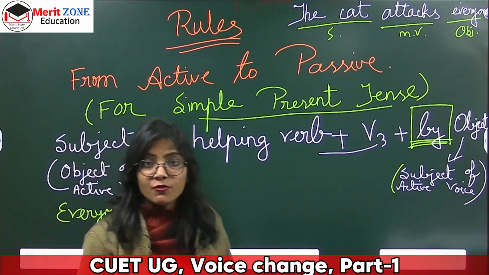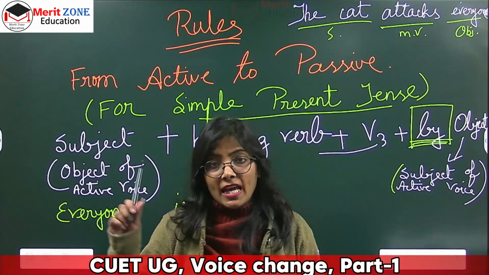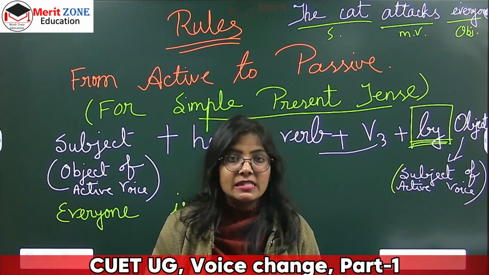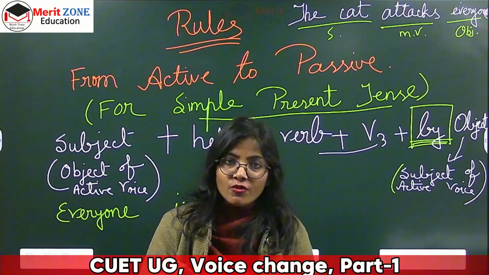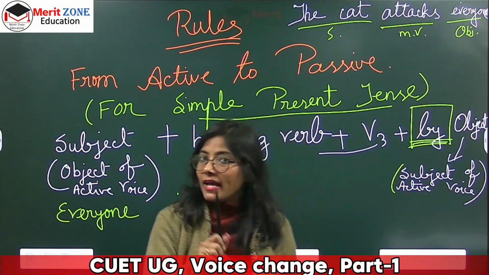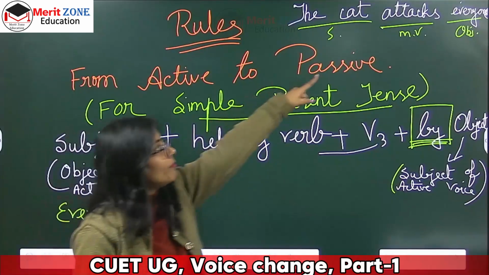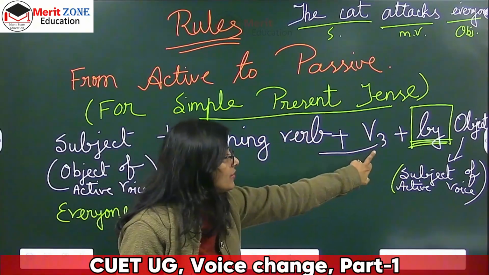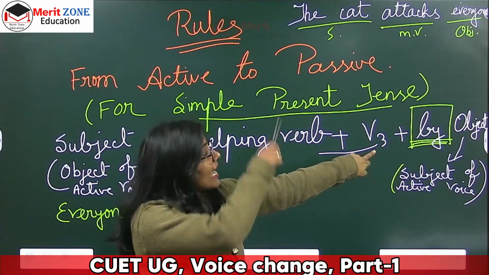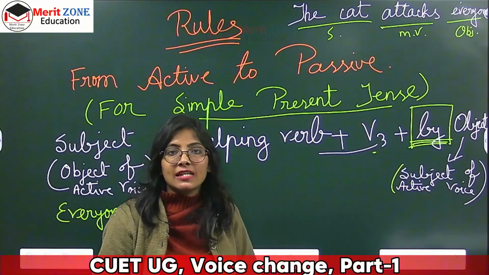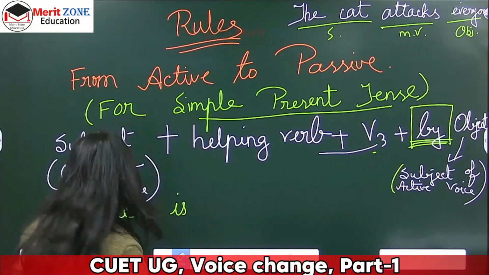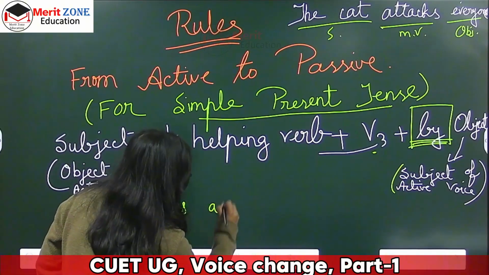Because in adjectives you must have learned that every, each, these are all distributive adjectives. So, we always consider them as singular number and not as plural. Okay, so everyone is, now main verb is attack, V3. So, I have to change attack into its third form, which is attacked, ED. So, everyone is attacked.